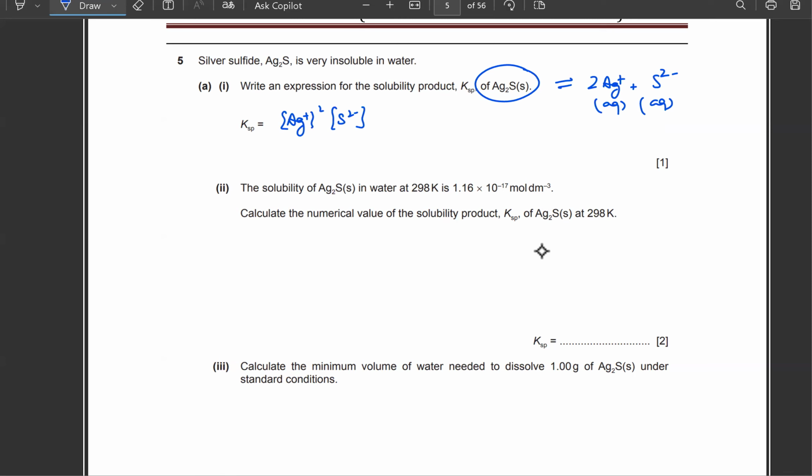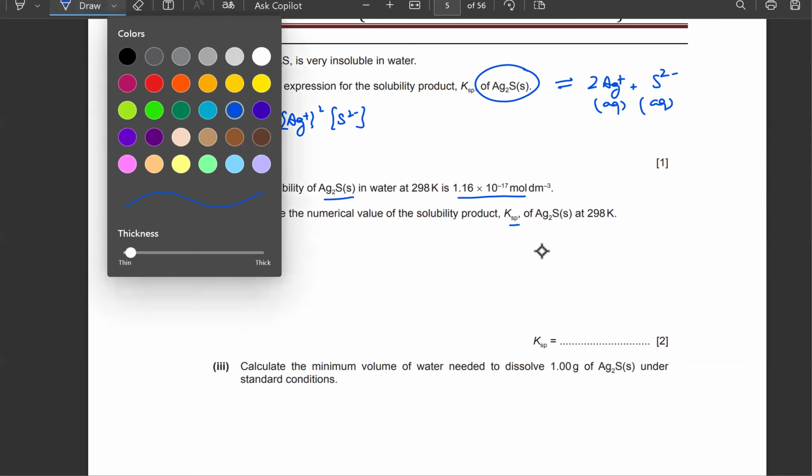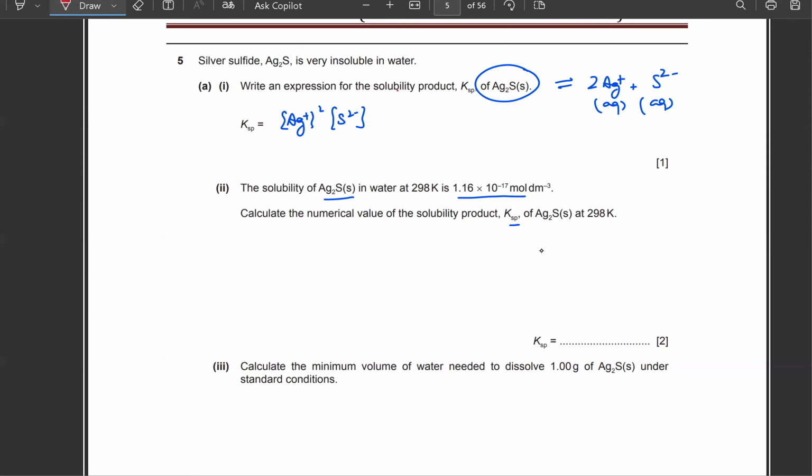It says that the solubility of Ag2S is given as 1.16 times 10 power minus 17 mole per dm cube. Calculate the numerical value for KSP. The solubility is the amount of substance that dissolves. So if it's x mole per dm cube, the amount of silver ions would be 2x and the amount of sulfide ions would be x, according to the ratio.